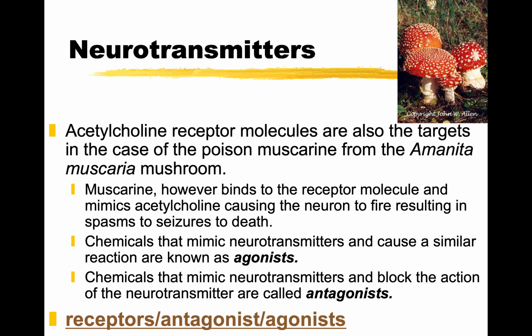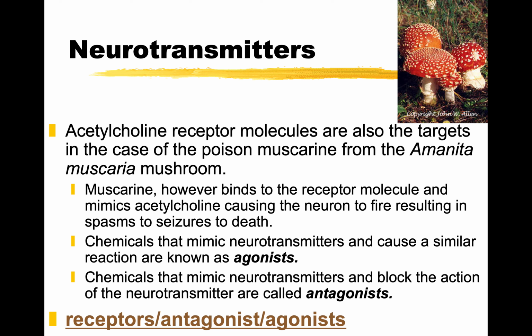Eventually you have seizures, and then you die because your neurons continue to fire. Actually, what happens with these seizures is you can't get your breath because your muscles are spasming so much. The muscles around your lungs and your heart are spasming, and it causes you to die.